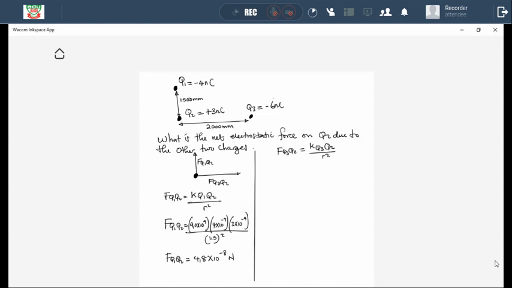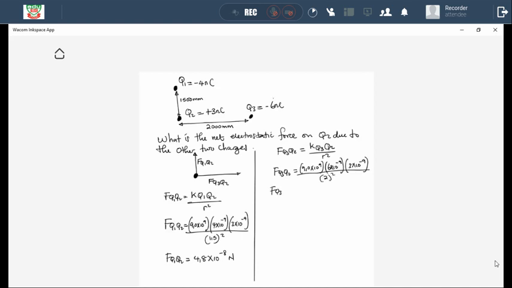So F Q3Q2 is equal to 9.0 times 10 to the power 9. You close. Q3 is 6 times 10 to the power minus 9. I close. Then Q2 is 3 times 10 to the power minus 9. I close. And then everything is over, that should be 2 meters. You divide by 1,000 or you multiply by 10 to the power minus 3. So you get 2 and then you square.